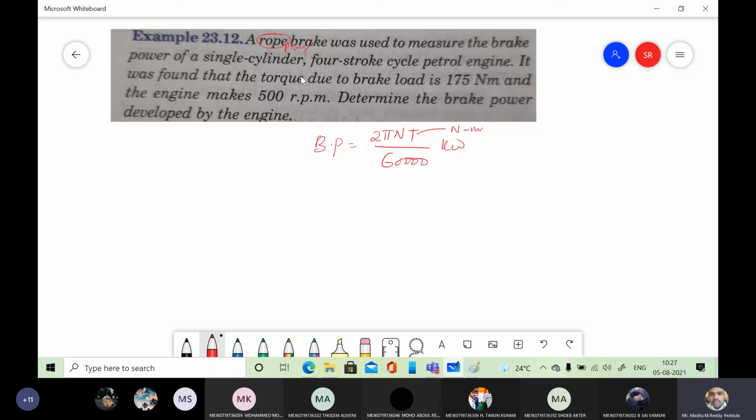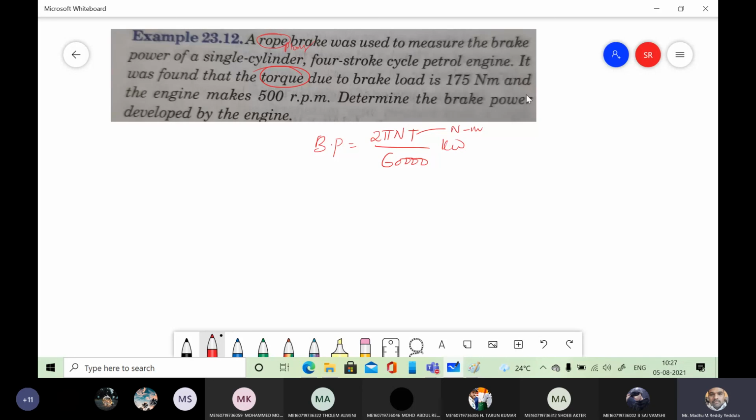When torque is given, it comes under the Prony brake dynamometer. Even if the problem mentions rope brake, don't worry, we can consider this formula only, 2 pi N T, because we proceed based on the input data only. So directly substitute, no extra thing is here.